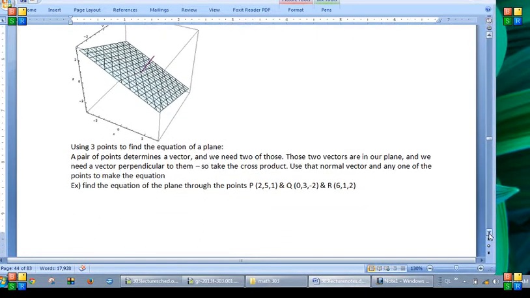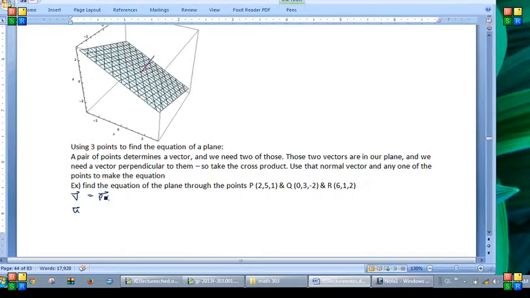And that gives us the normal vector. So for example, let's use these 3 points and make the equation of a plane. All right. So we need 2 vectors, so I'm going to have V and U. I'm going to use P and Q to make my first vector.